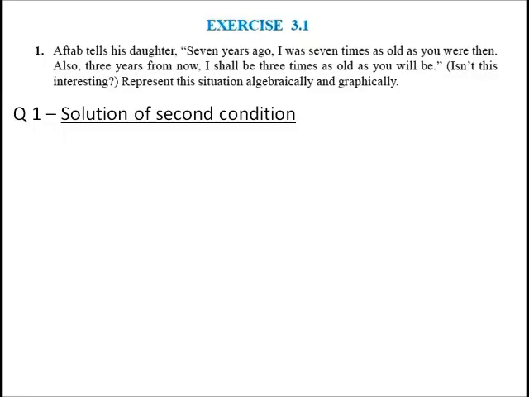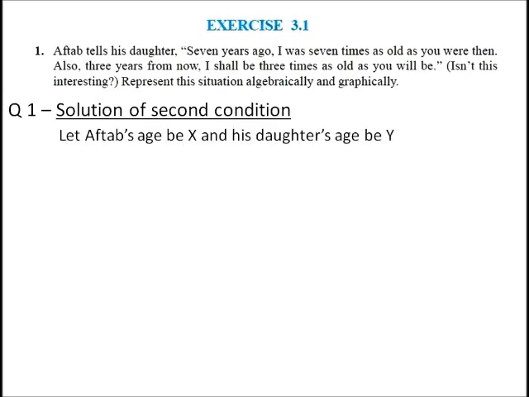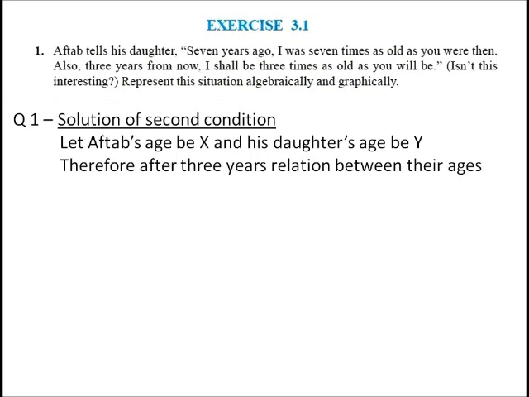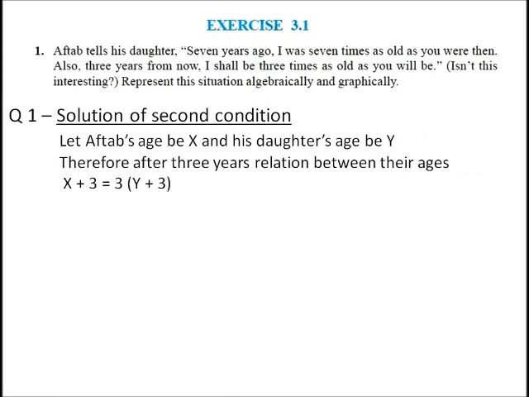Now we will start the solution of the second condition. Let Aftab's age be x and his daughter's age be y. Therefore, after 3 years, the relation between their ages is x plus 3 is equal to 3 into within brackets y plus 3.